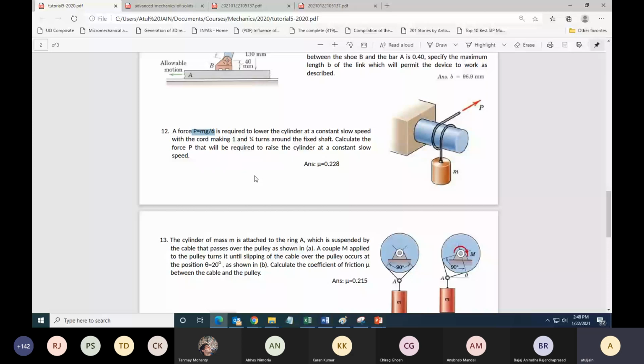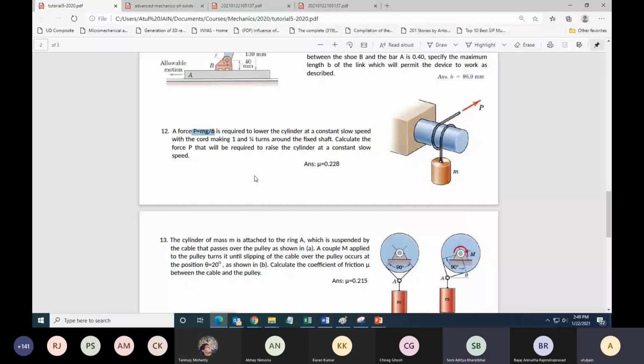It will come out to be 0.228. Now I have another problem which says P divided by mg is equal to e to the power 5 pi by 2 into mu, thus calculated. Find the value of P. So directly can't we say the factor e to the power mu theta is 6? Now it would be 6 mg.